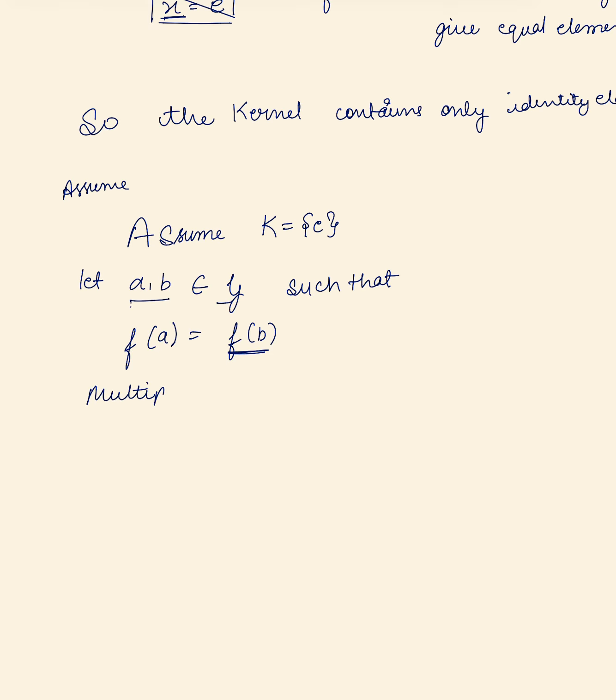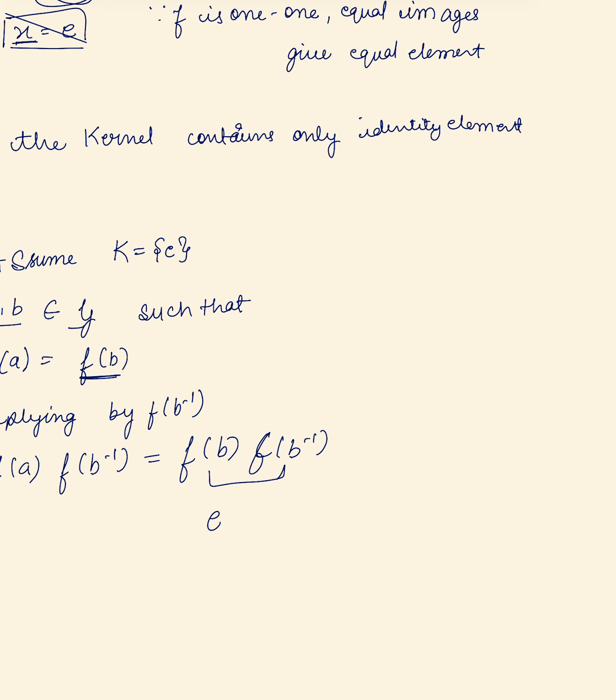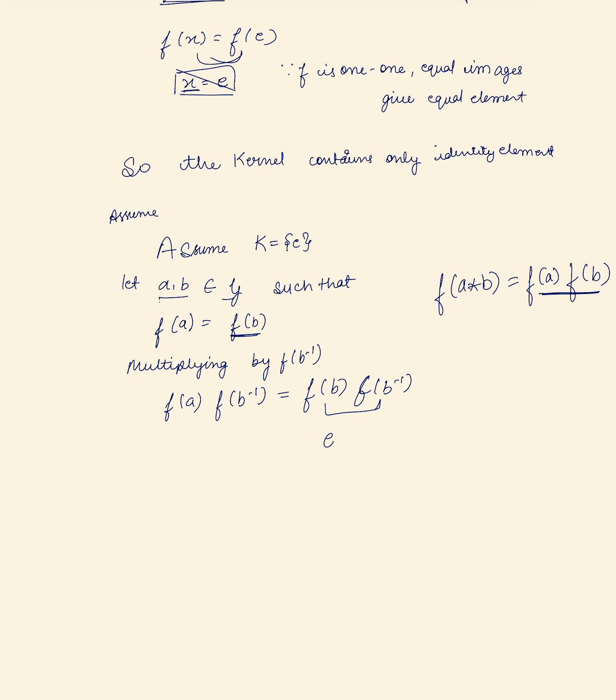When we multiply f(a) with f(b) inverse and f(b) with f(b) inverse, the right side will become the identity, because multiplying an element with its inverse gives the identity. Using the homomorphism property, f(a star b) equals f(a) f(b), the left side is f(a) f(b) inverse, which we can write as f(a b inverse).